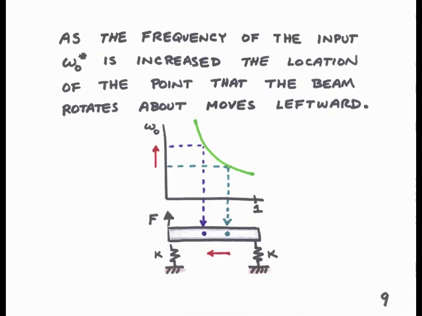And as the frequency is increased from this value, the point of no motion moves toward the left. As omega 0 star approaches infinity, this point approaches 1/3 the way down the beam from the left end.